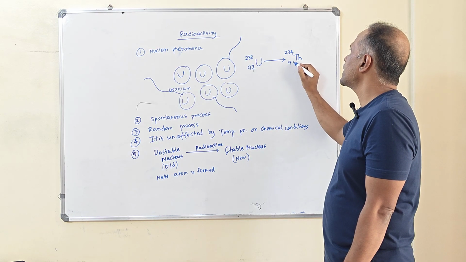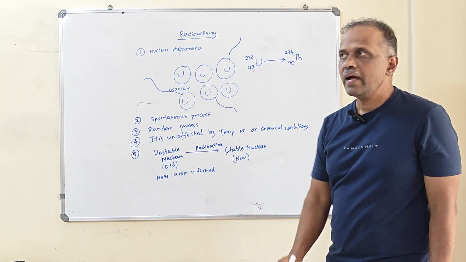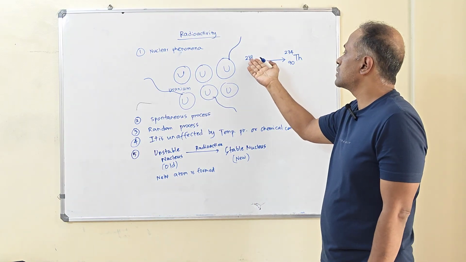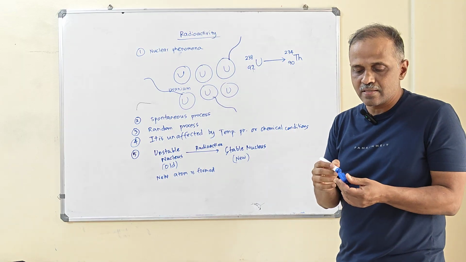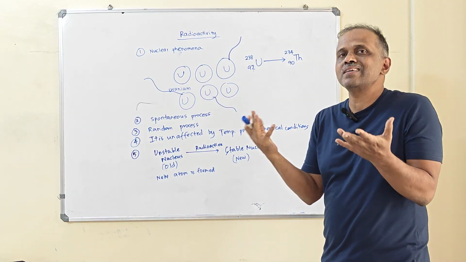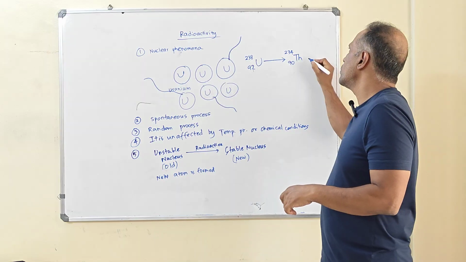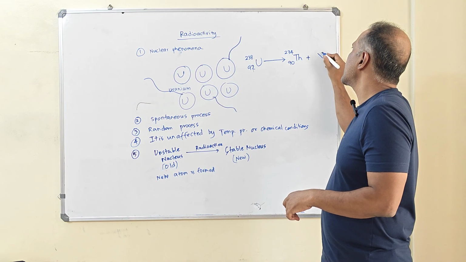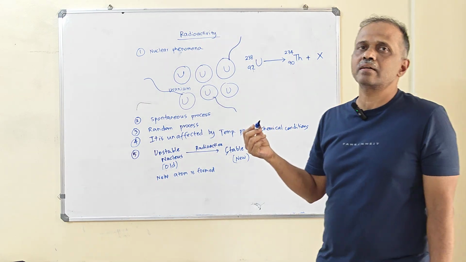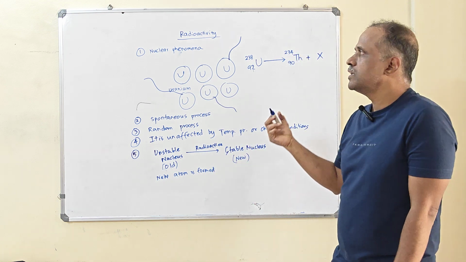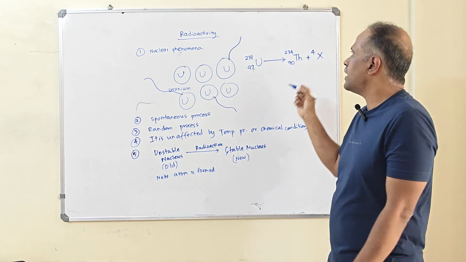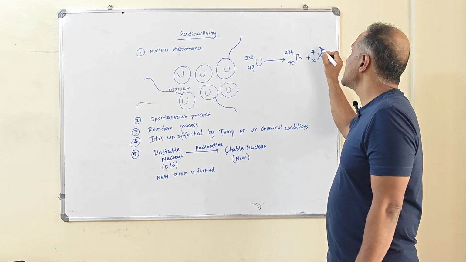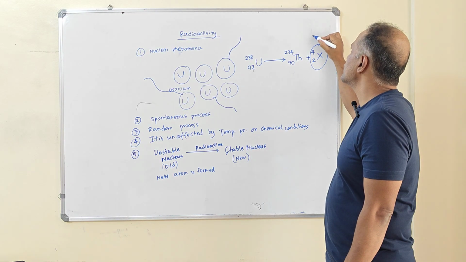Now you will say, sir, the atomic mass has reduced from 238 to 234. Where has this 4 AMU mass gone? For the time being, assume that a particle is emitted from the nucleus which has a mass number of 4 and atomic number of 2.